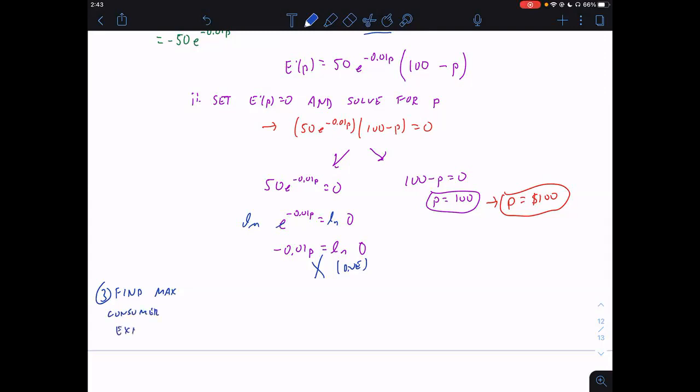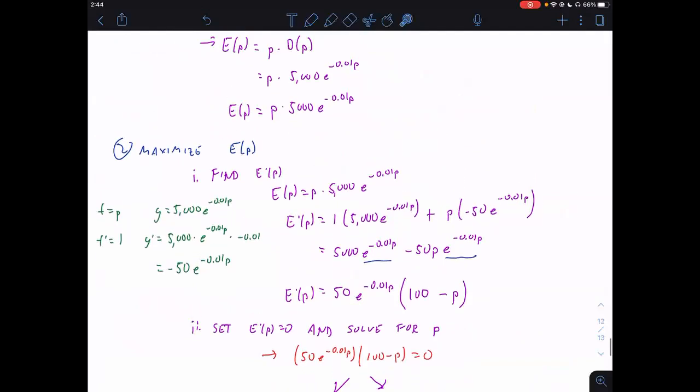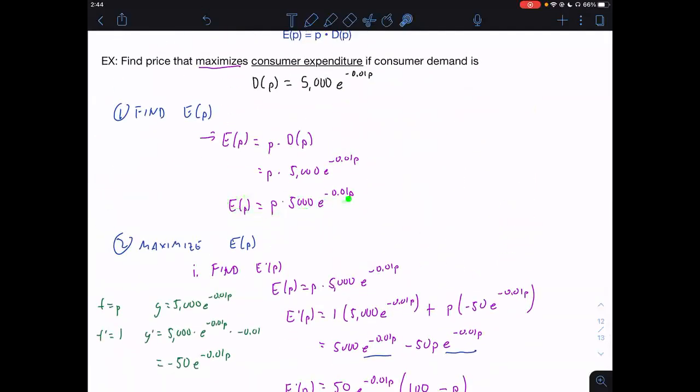After we find the critical number of the function we're trying to optimize, how do we find that optimal value? By plugging that critical number back into the original equation that we're optimizing.